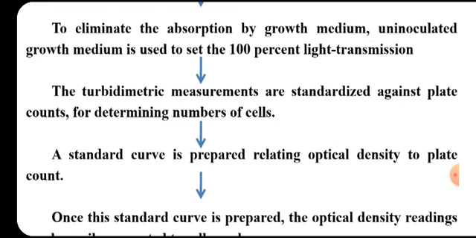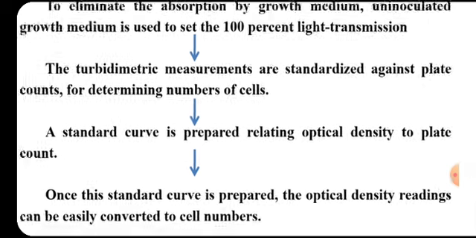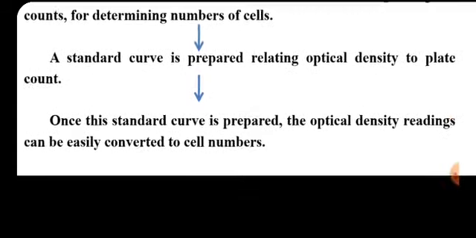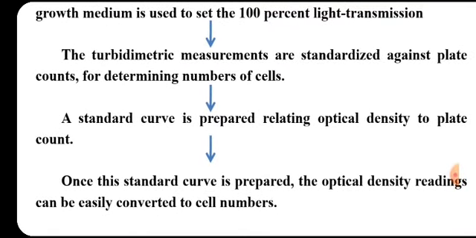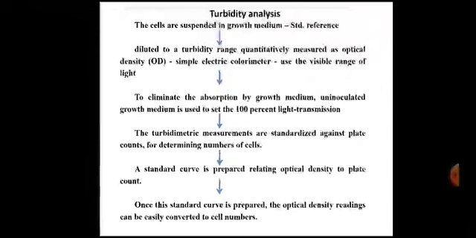So you can now prepare a standard curve relating optical density to the plate count. Once this standard graph is prepared, the optical density readings can be easily converted to cell numbers. This is how we prepare a standard graph.